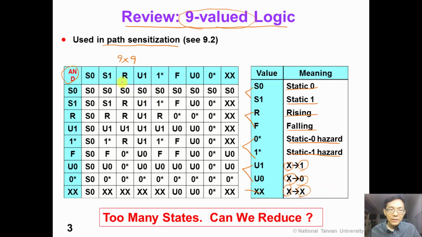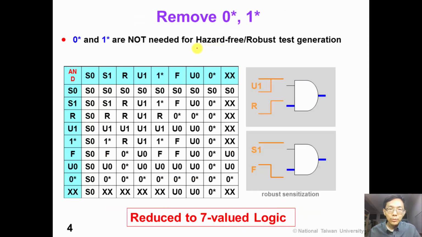We can see that this is a huge table, which is very difficult for ATPG. There are too many states. Can we reduce this table? If we assume that we only concern hazard-free and robust test generation in this video, then actually we don't have to worry about 0 hazard and 1 hazard. As we can see from the left-hand side, this picture shows the robust sensitization condition for an AND gate.